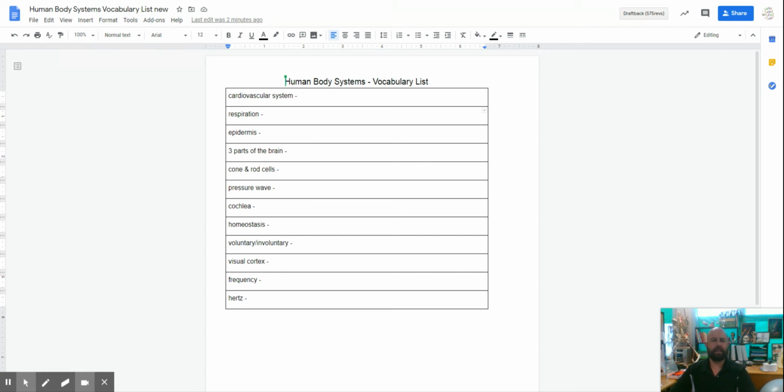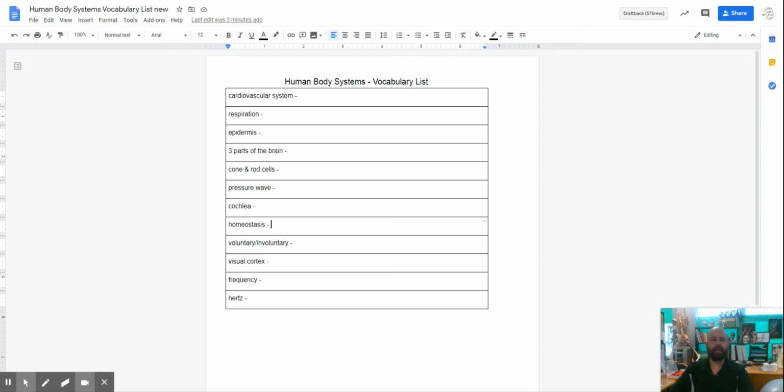Homeostasis and voluntary-involuntary. Homeostasis is the process by which an organism, an ecosystem, or a cell stays in balance. This can be heat, it can be water, it can be gases, basically anything. Voluntary and involuntary are responses to stimulus. A voluntary response is how you react to something.